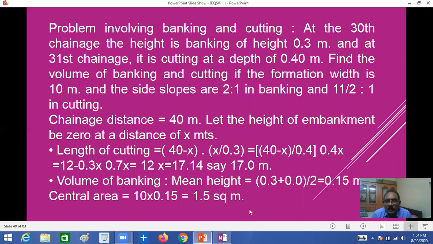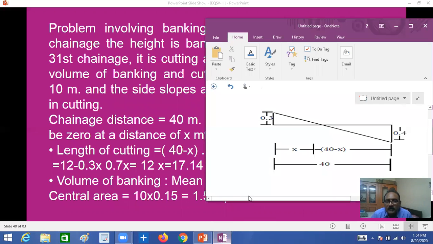Suppose this is our road. Here the embankment is like this, and here the slope of your road is like this, so you have to cut like this, 0.4 meters.